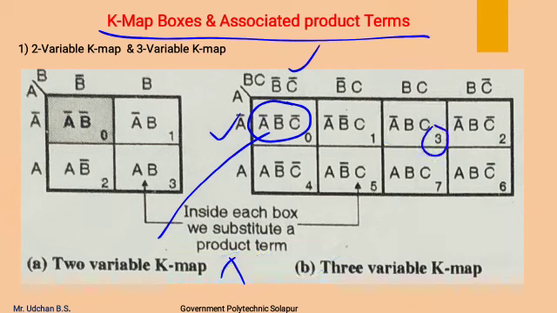The next cell contains the A bar B C bar product term, which is written as 0 1 0, so we get the decimal equivalent as 2. In the same way we get 4 5 6 7. So for the 3 variable K-map, the sequence is 0, 1, 2, 3, 4, 5, 6, 7. This sequence we have to keep in mind.